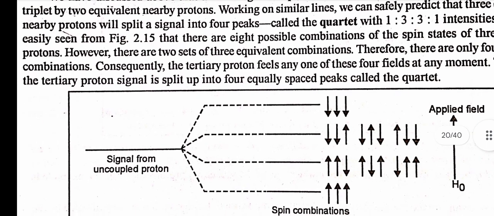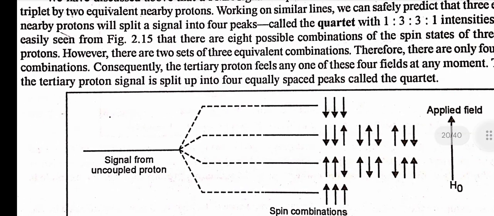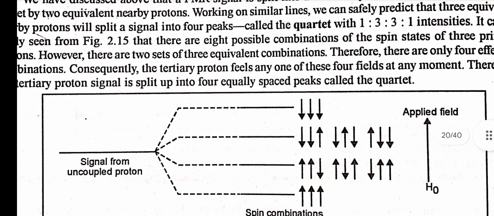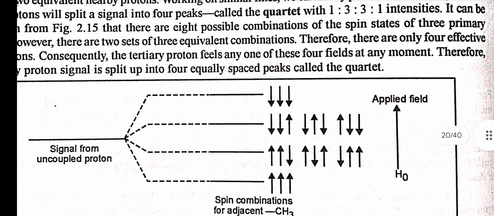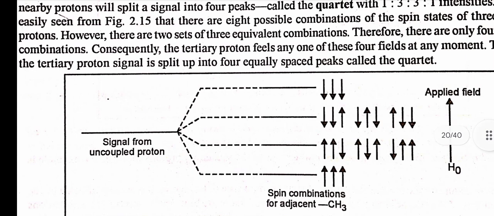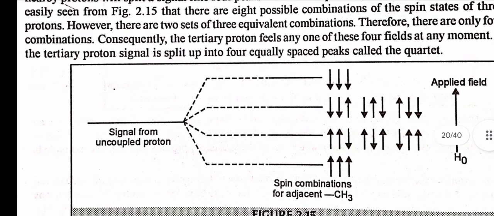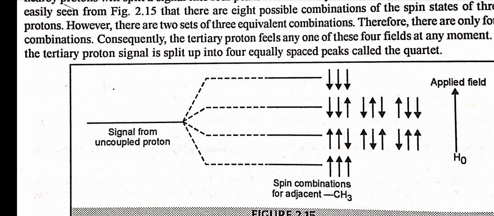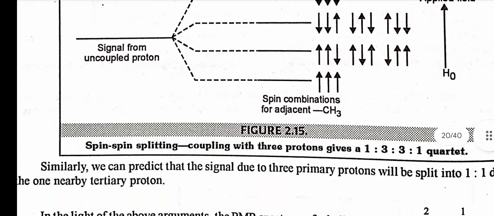It can be easily seen from figure 2.15 that there are 8 possible combinations of the spin states of 3 primary protons. However, there are 2 sets of 3 equivalent combinations. Therefore, there are only 4 effective combinations. Consequently, the tertiary proton feels any one of these 4 fields at any moment. Therefore, the tertiary proton signal is split up into 4 equally spaced peaks called the quartet.